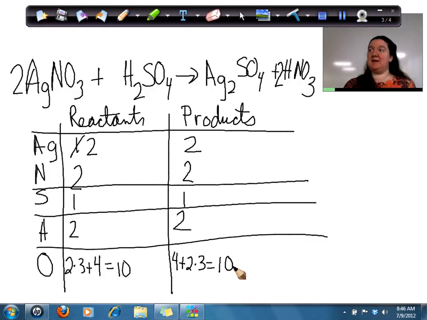And that's going to give me 10. So now I have 10 oxygens on both sides. So I have it balanced by having 2 silver nitrates plus 1 sulfuric acid is going to 1 silver sulfate plus 2 nitric acid. Those are the examples I'm going to have you work on today.